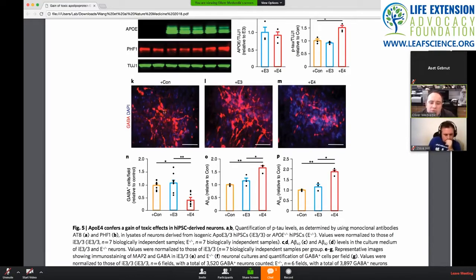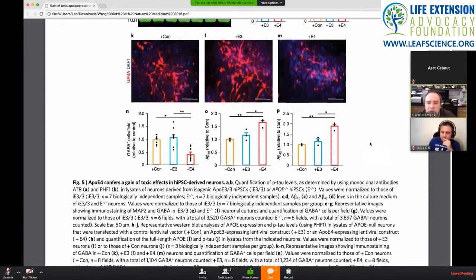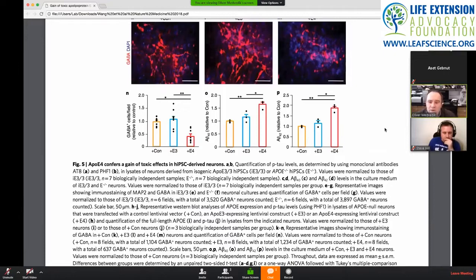This is GABA and DAPI. DAPI stands for nuclei, and GABA stands for obviously GABAergic neurons. So you can see in this field of view, you got a lot of nuclei, but really very little GABA staining. So what they're showing here is that there's less of these cells in the field of view if you transfect them with a lentivirus expressing E4 versus E3 or the control.